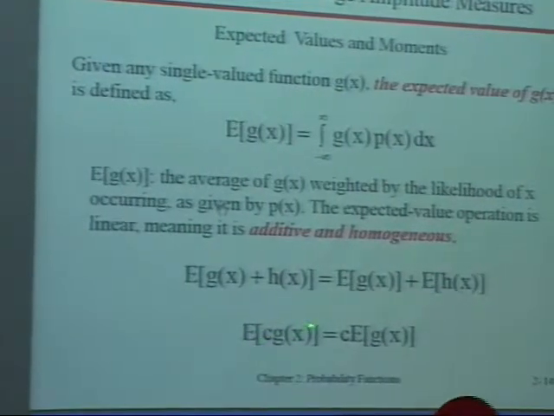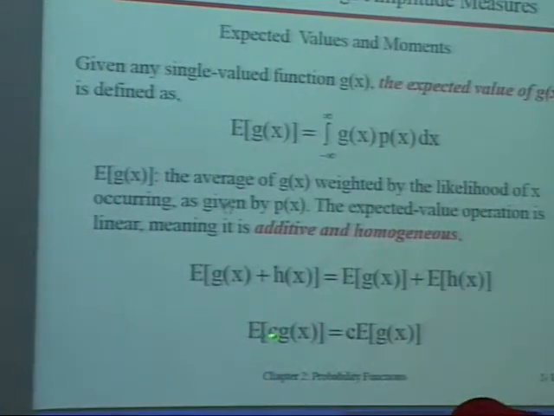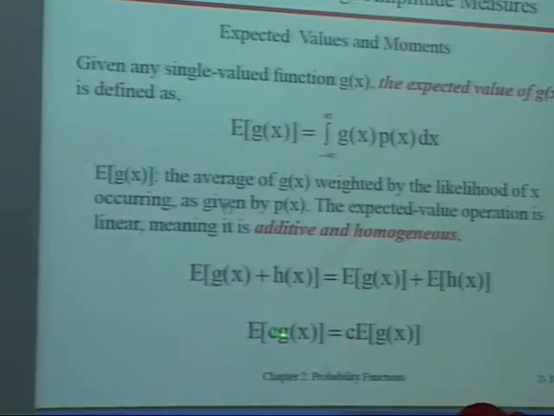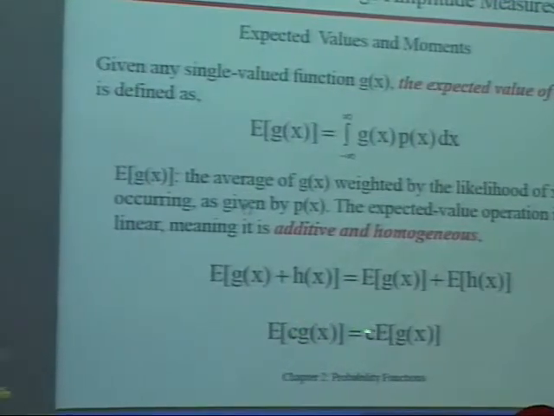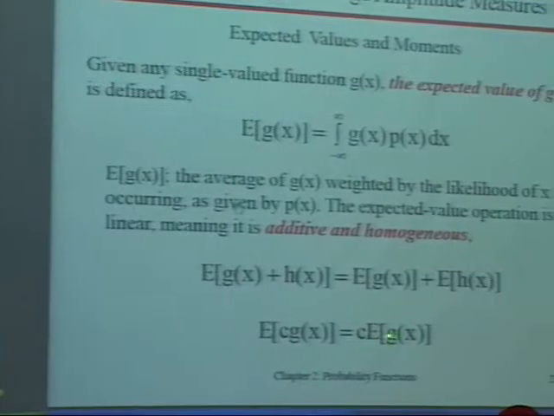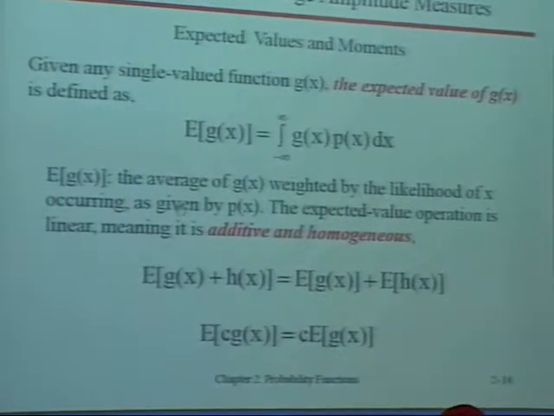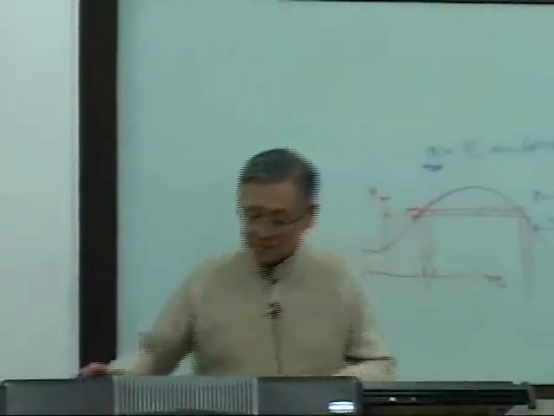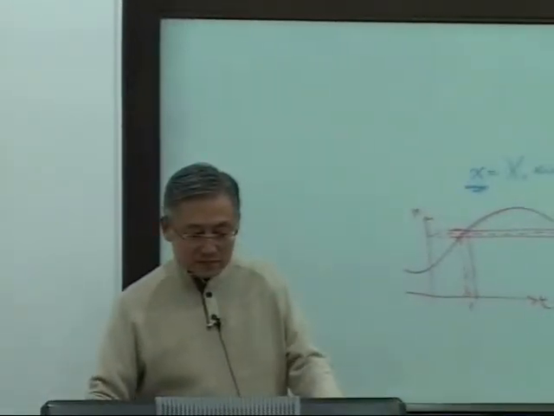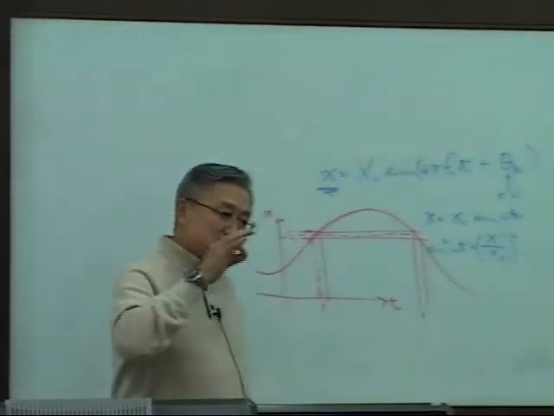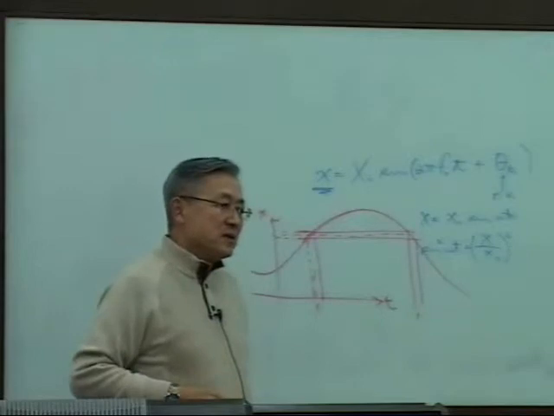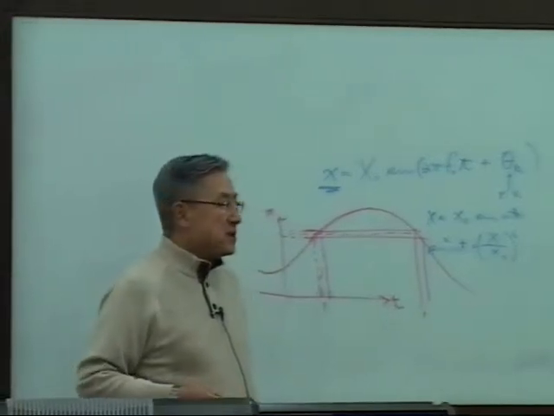And for the homogeneous property, a constant c multiplied by the function g is simply c, which you can cast outside, times the expected value of g itself. That's the expected value. When I put the notation, it looks a little bit different, but it's really the same.